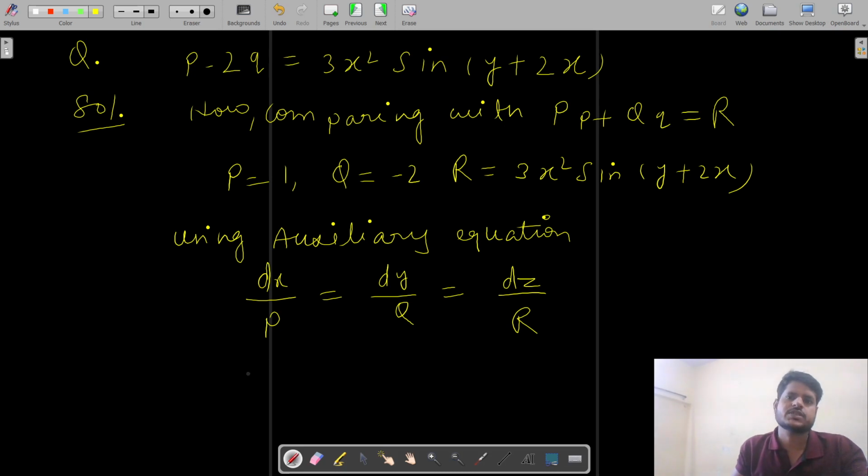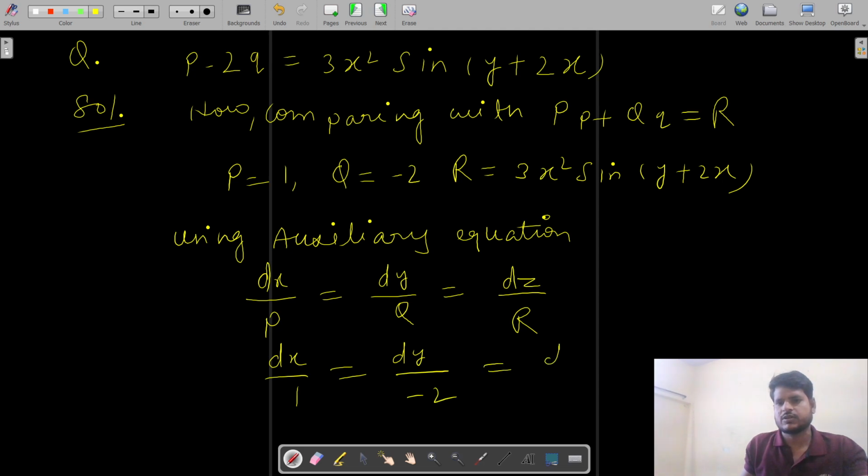So now here you have to put dx upon 1 is equal to dy upon minus 2 is equal to dz upon R, that is 3x square sine of y plus 2x. Okay, so this is the first fraction, this is the second, and this is the third one.